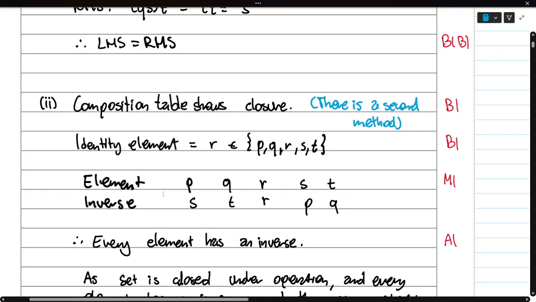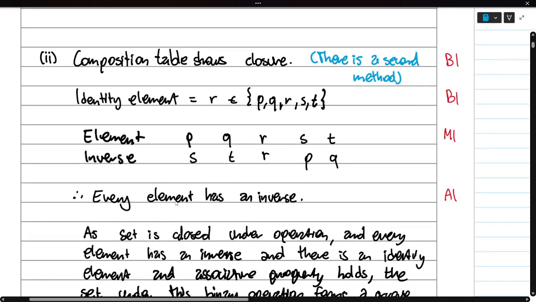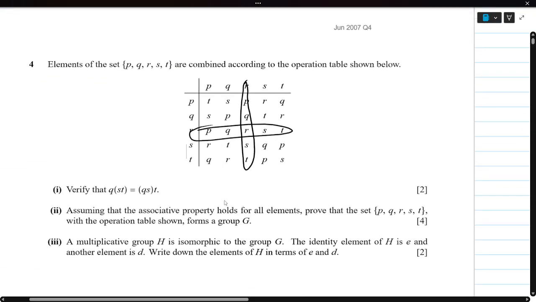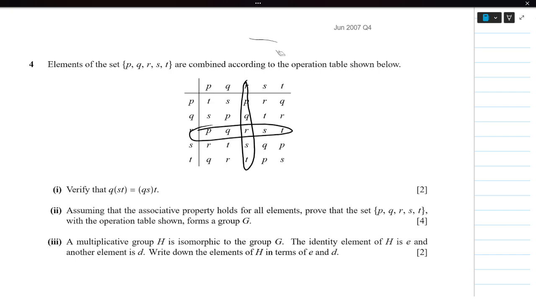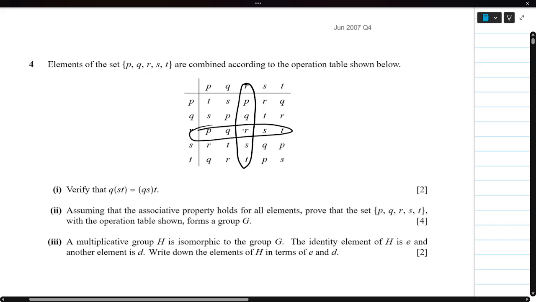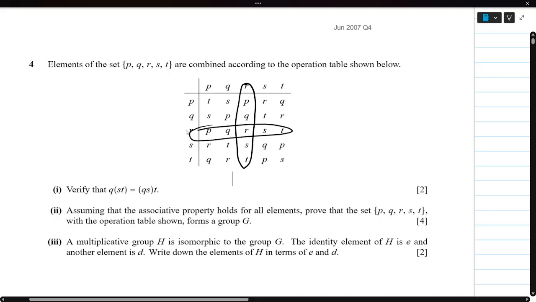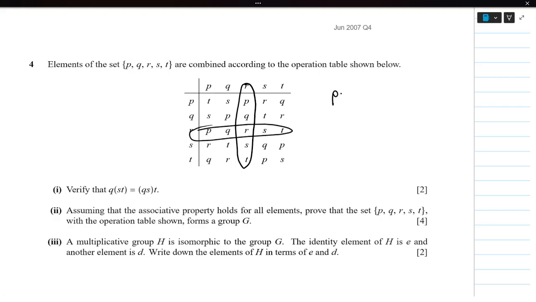But a second method to show that this is a group is to find a generator. We know that it's order 5, that means there must be a generator if it's a group. If you exclude the obvious, which is R, let's see P. PP is T, TP is Q. It doesn't matter what order I do because every cyclic group is abelian, so it's commutative.